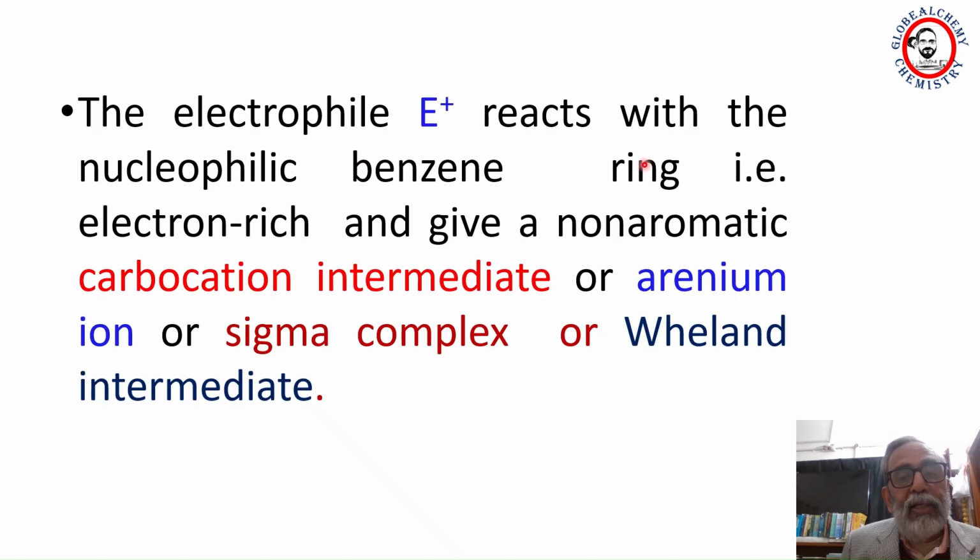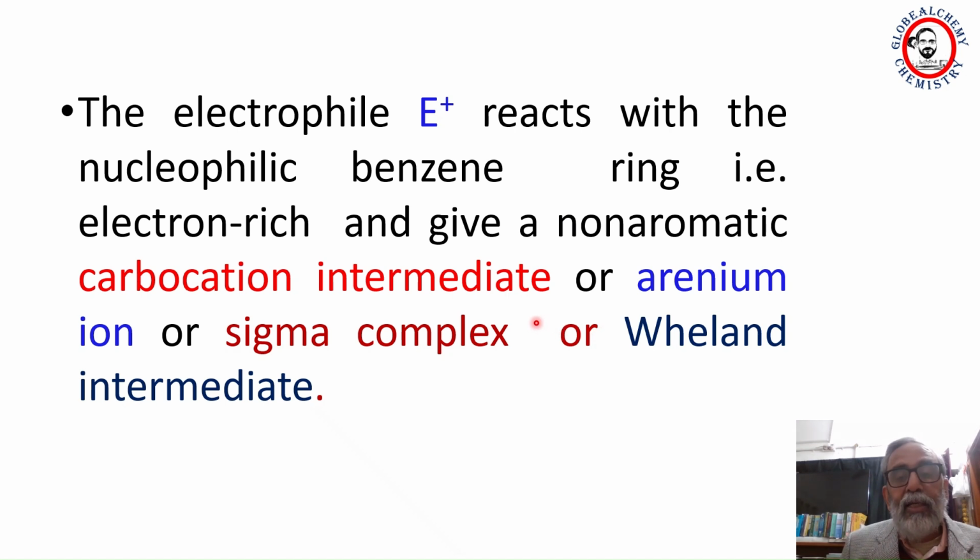The electrophile reacts with the nucleophile benzene. Now we have electrophile and it reacts with the nucleophilic benzene ring. Benzene ring is an electron-rich species, and it gives a non-aromatic carbocation intermediate, which is also known as arenium ion, sigma complex, or Wheland intermediate.